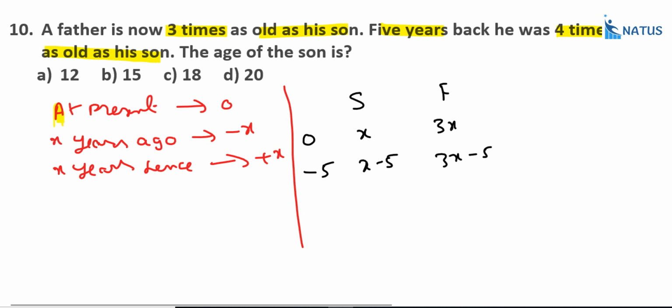But 5 years back he was 4 times as old as his son. That means if you multiply the son's age with 4, that is equal to the father's age. So 4x minus 20 is equal to 3x minus 5. X is equal to 15. Now what is the question? The age of the son is. So x equal to the age of the son, 15 or not? X equal to 15. Option B is the correct answer.